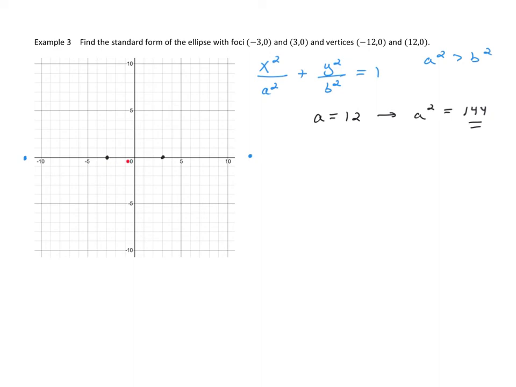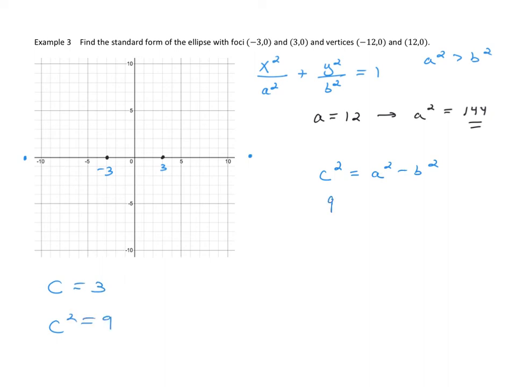Well, what does that mean about the location of b? Like, how far are we going in this direction and this direction? To figure that out, we're going to use the formula c squared is equal to a squared minus b squared. We're told that from the foci being 3 and negative 3, that's c. Therefore, c squared is equal to 9.